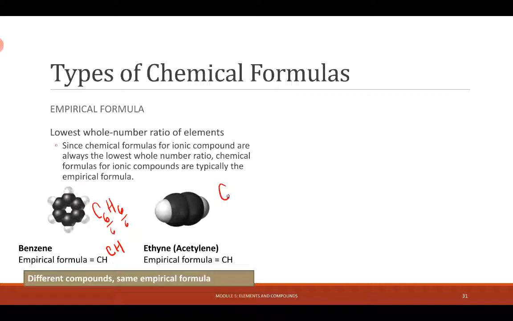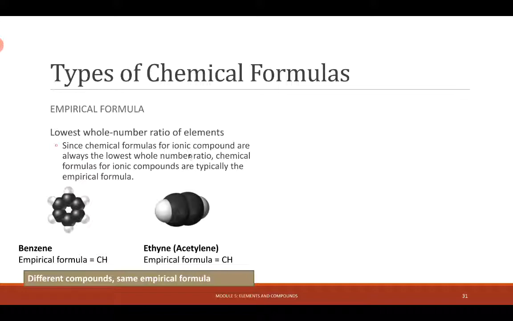Ethine has 2 carbons and 2 hydrogens. 2 and 2 are both divisible by 2, and so the lowest whole number ratio is just 1 of each. And so for these two different molecular compounds, the empirical formula isn't exactly informative, but that is the definition of empirical formula, the lowest whole number ratio.